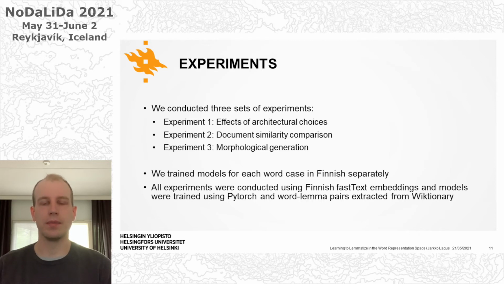And then we experiment on reversing the order of the training, mapping from the lemmas to the inflected forms. For all the experiments we used the same models trained on Finnish fastText embeddings, and we defined the models using PyTorch, and the lemma pairs were extracted from Wiktionary.